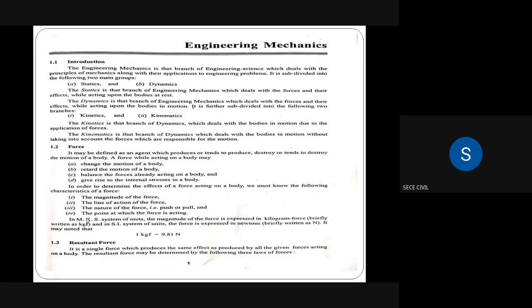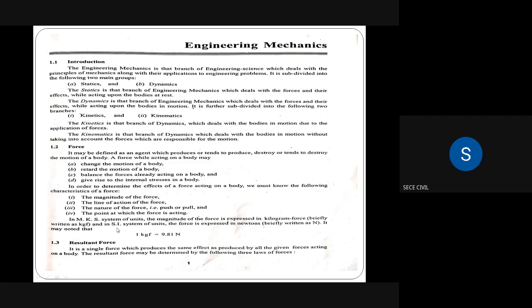So next, units. In the MKS system of units, how are we denoting the units? There are different types of symbols to mention the units. MKS means meter, kilogram, second. In the MKS system of units, the magnitude of force is expressed in kilogram force.